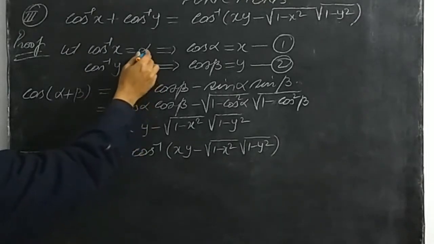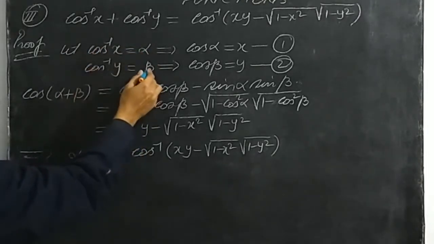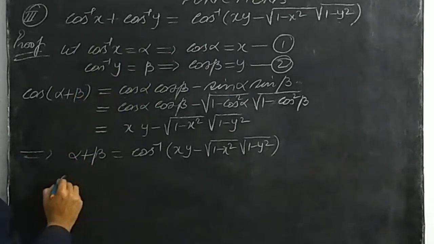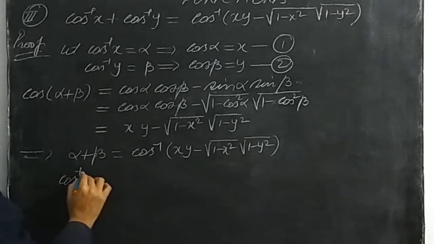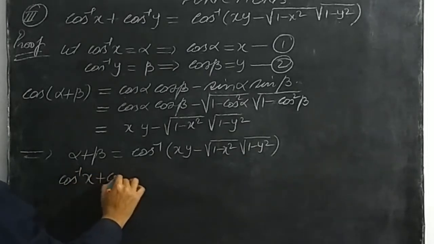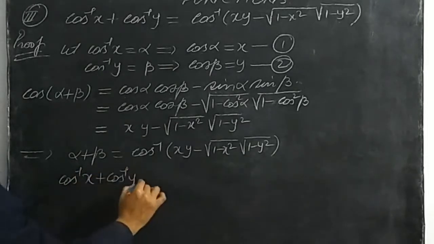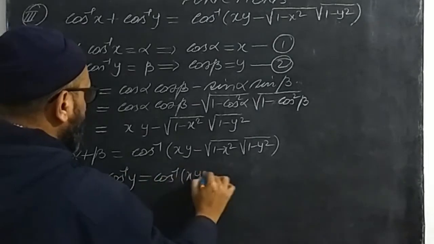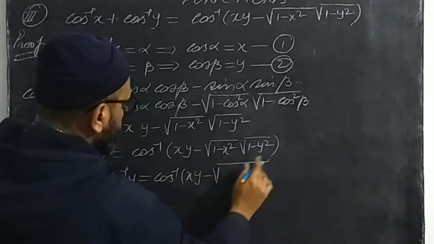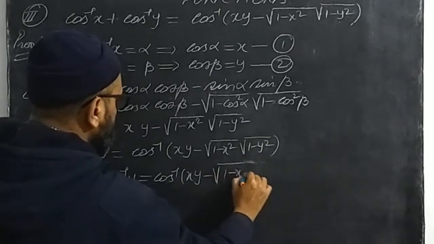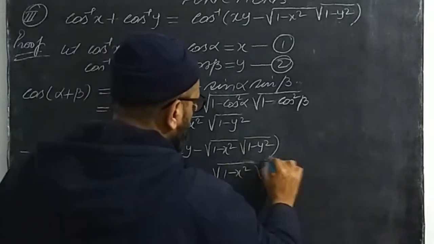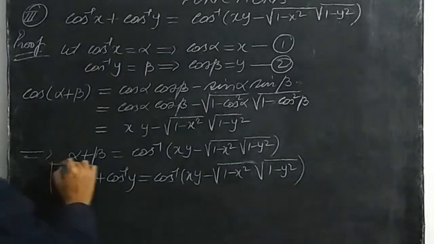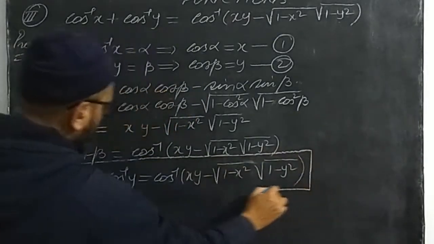So alpha may be replaced by cos inverse x and beta by cos inverse y in this expression. So we have cos inverse x plus cos inverse y is equal to cos inverse of xy minus under root 1 minus x square under root 1 minus y square. So this is the result we wanted to prove.